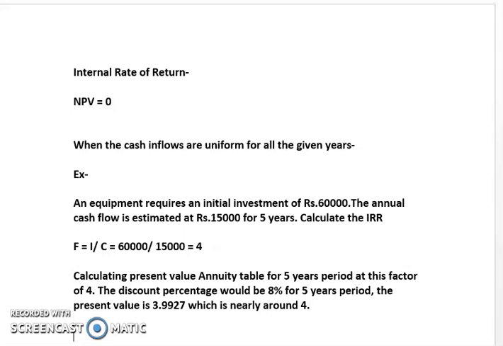That is the factor we found. Hence IRR is equal to 8%. I would say it is an approximate figure. This is how we calculate IRR when we have a uniform cash flow. How we calculate IRR when there is a non-uniform cash flow during the given years, we will see in the next video.